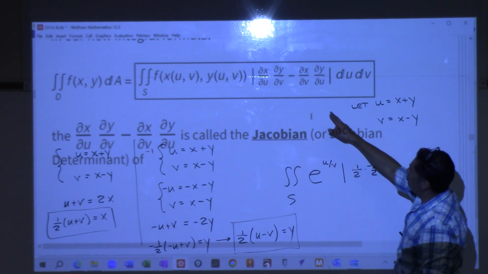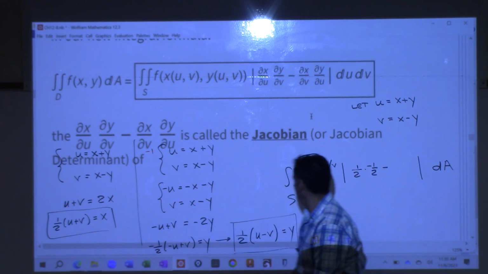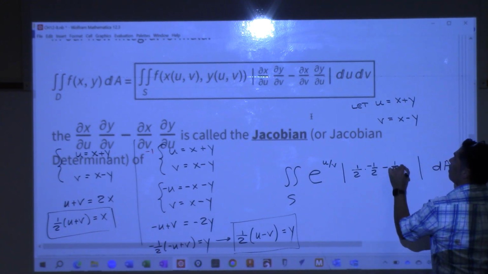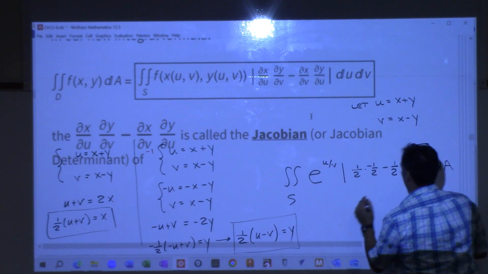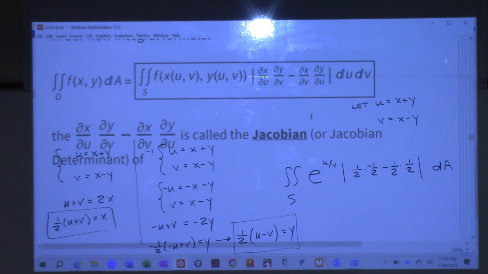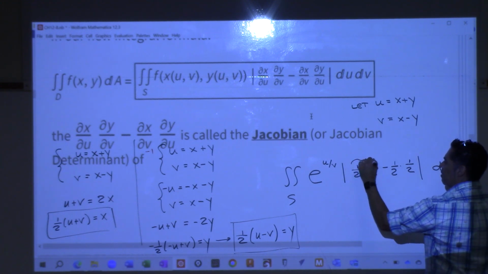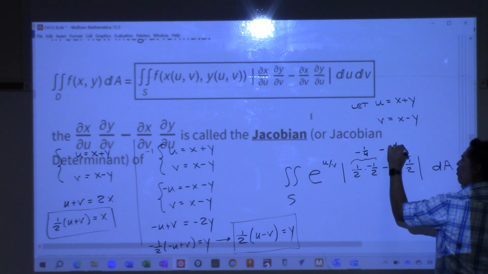Minus partial x with respect to v: 1/2. Partial y with respect to u: 1/2. Yeah? So these two together are negative 1/4, minus these two together is 1/4 again.